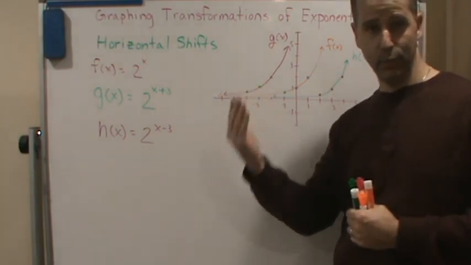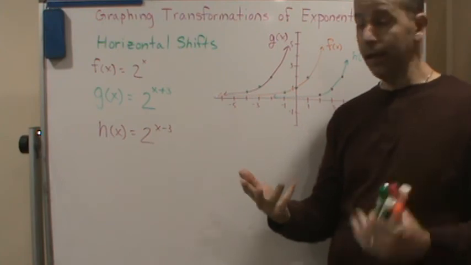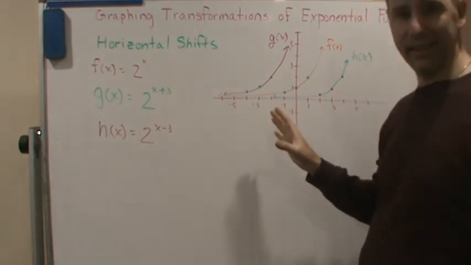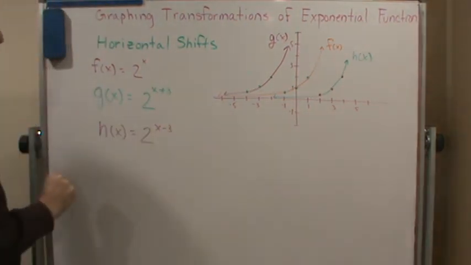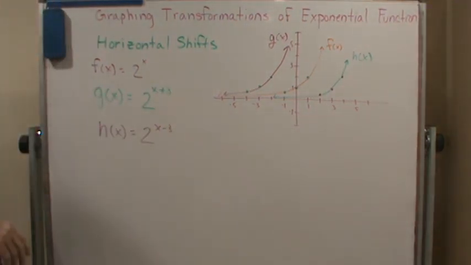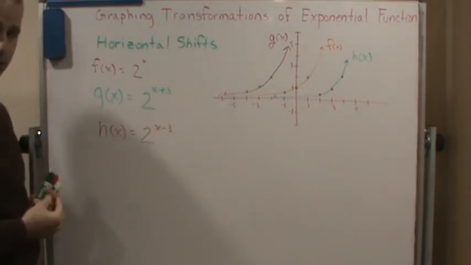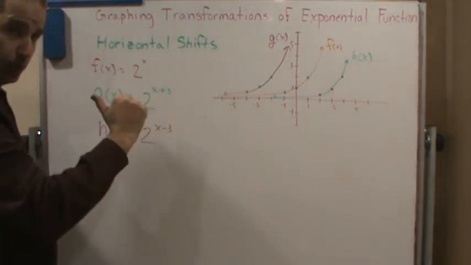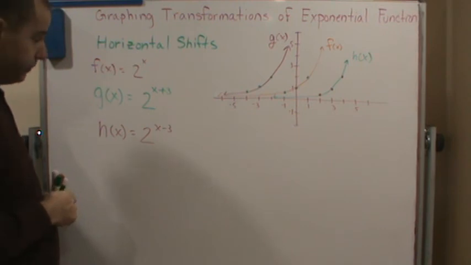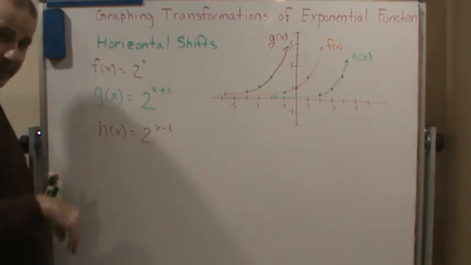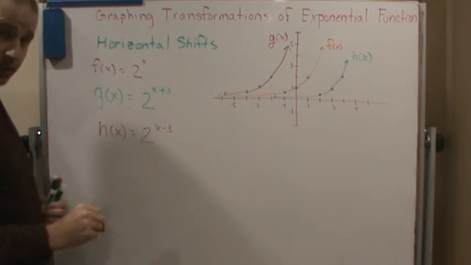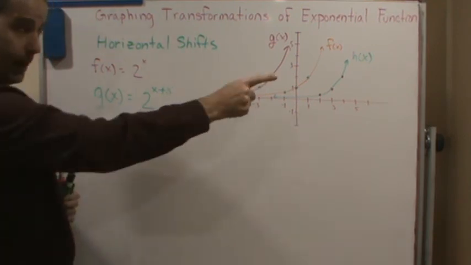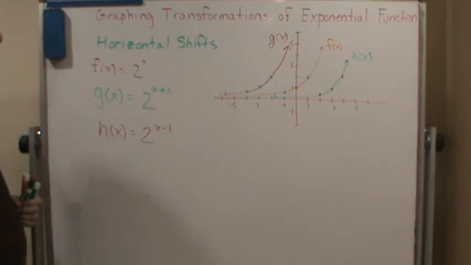If we subtracted, it moved down, kind of intuitively. This doesn't work in an intuitive manner, but it works when we look at the algebra. So always remember, it's kind of opposite what you would think. If you add inside the function, you're not moving right, you're moving to the left. If you subtract a constant inside the function, you're moving to the right, not the left.